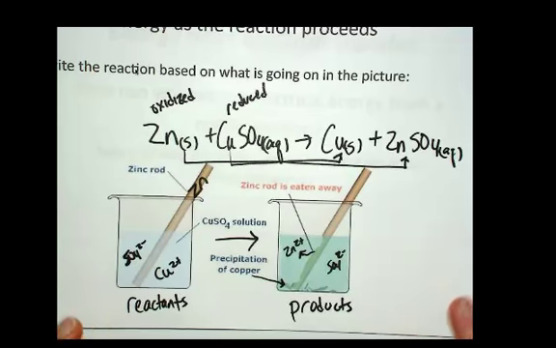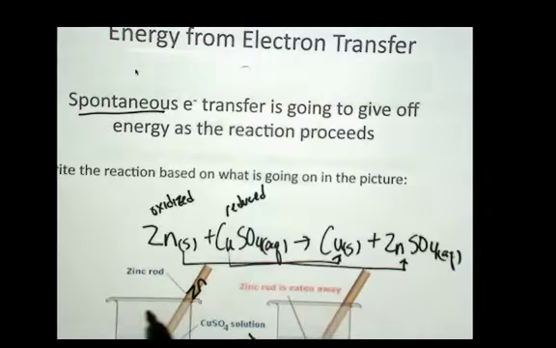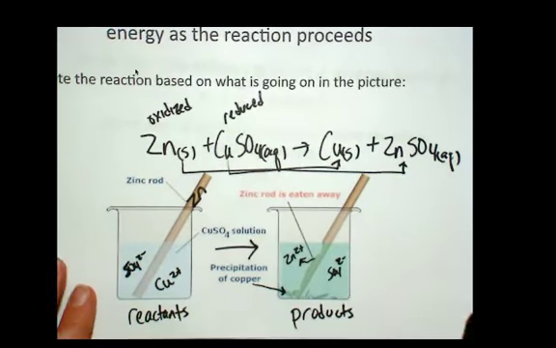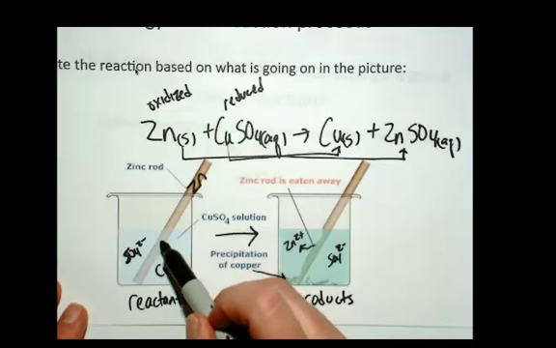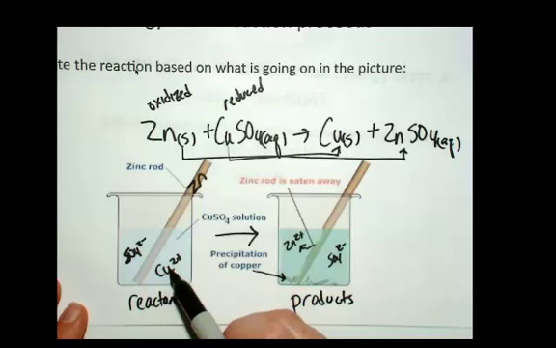When this reaction occurs, it's spontaneous. It's electron transfer because it's a redox reaction, and literally the electrons from this zinc are going to be transferred to the copper ion, and we end up with the product of copper metal.